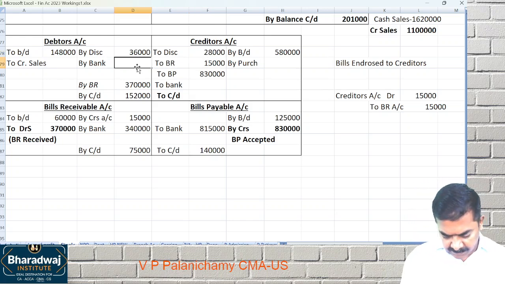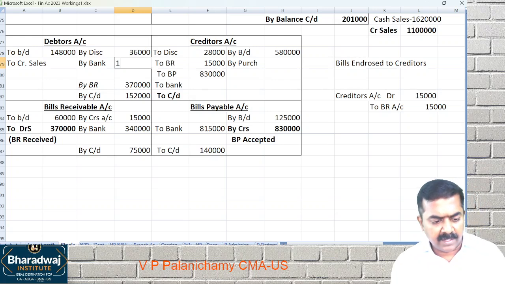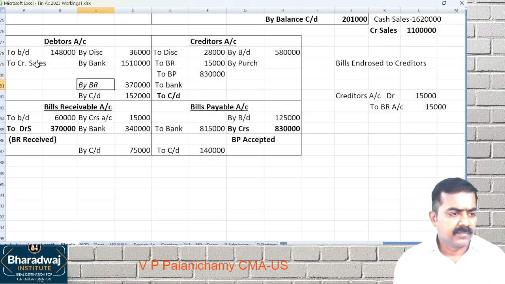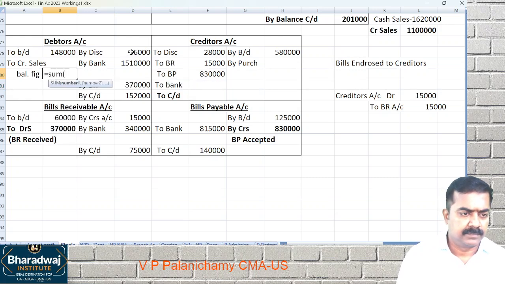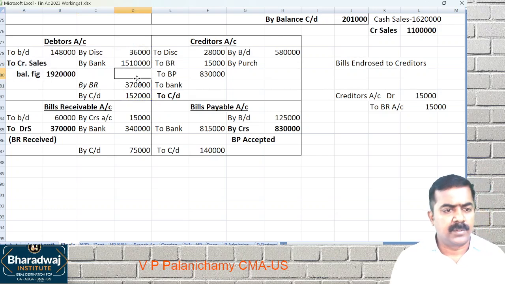Collected from debtors: 15 lakh 10,000 is given to us in the question. Then as a balancing figure, which one will we get? Credit sales. 19,20,000 we get it.